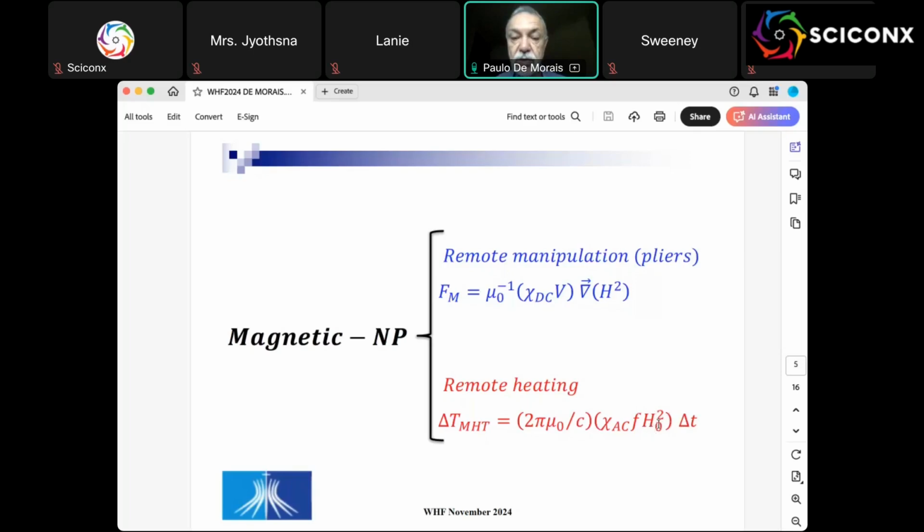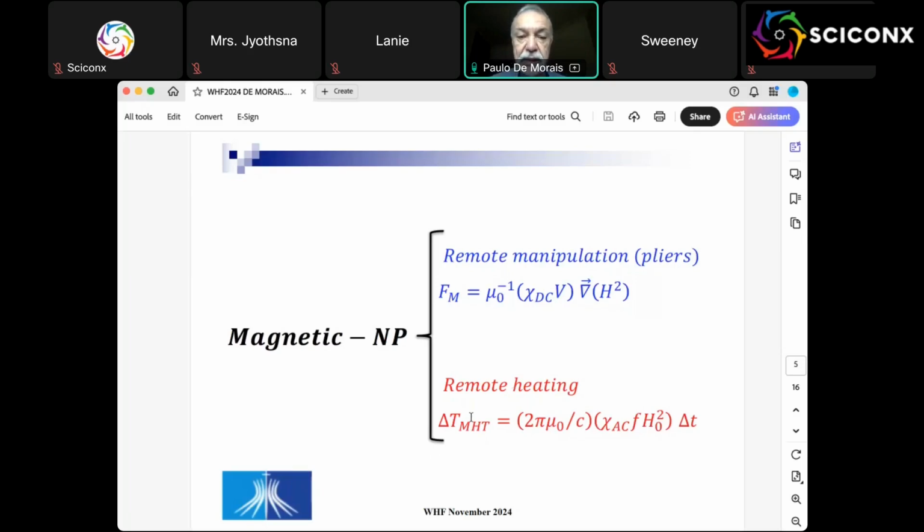Here we have the amplitude of the applied external field squared, the frequency, the AC susceptibility, and the inverse of the specific heat of the medium. So these two relationships give you an idea how to control and how to manipulate the magnetic nanoparticles and place them at the right site where you want the magnetic hyperthermia effect to take place.